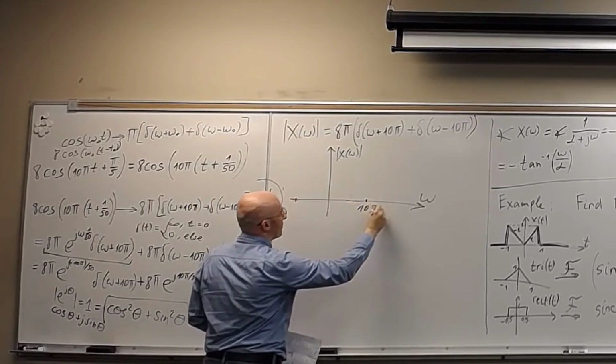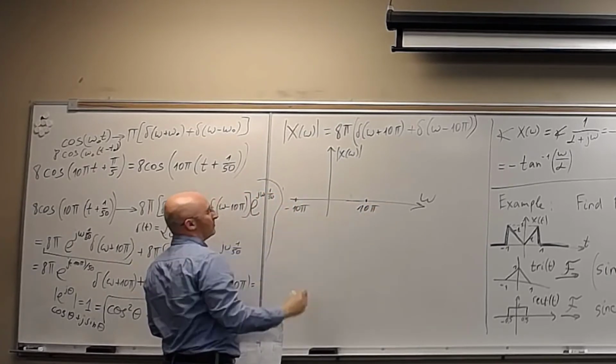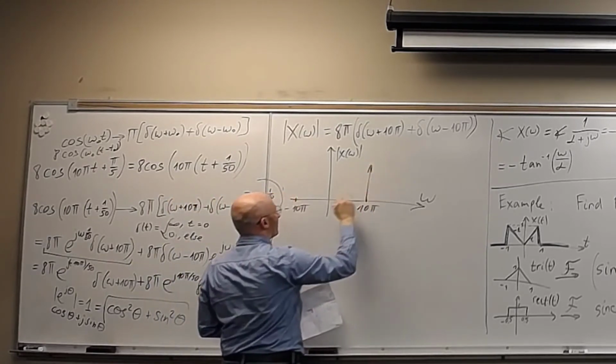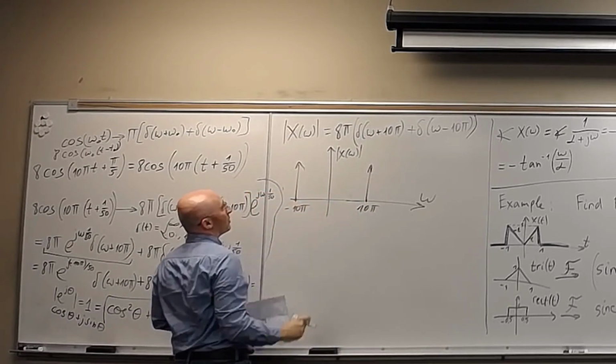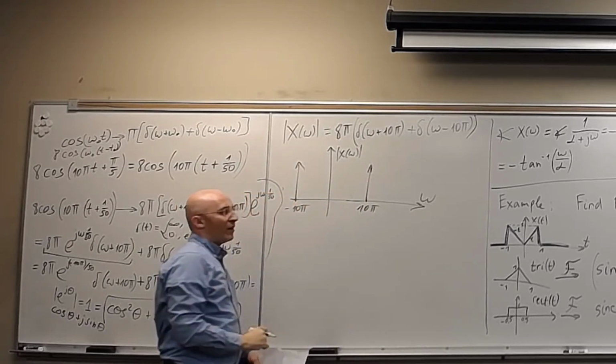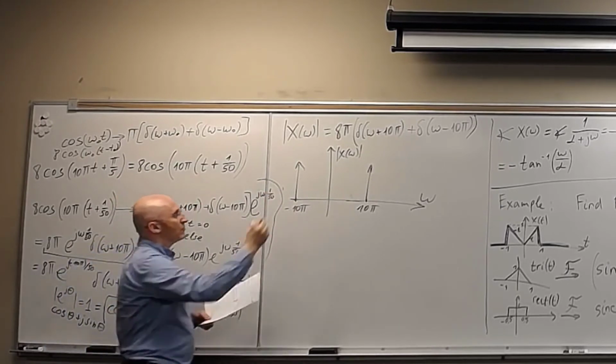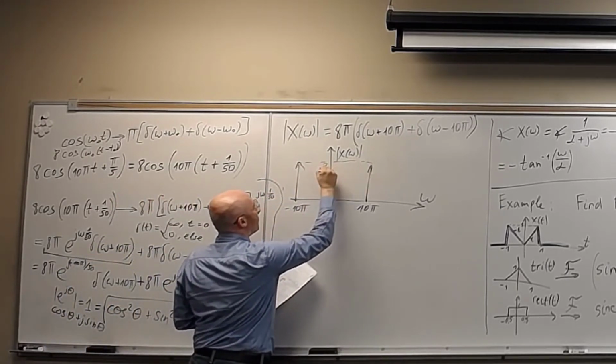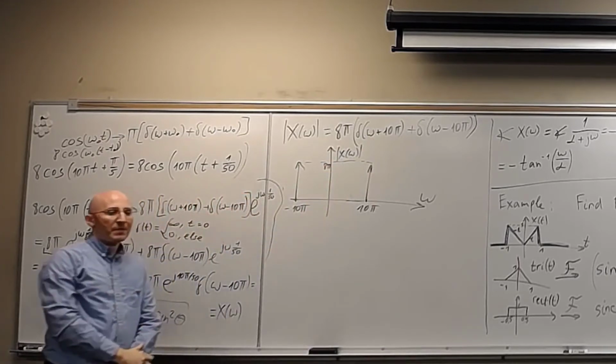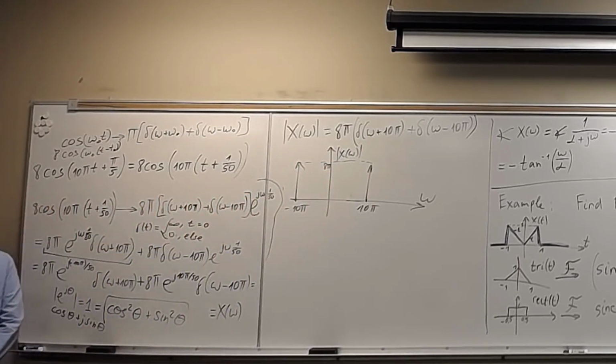So this is 10 pi, this is minus 10 pi, and you'll have two deltas here. One goes up, the second one the same height. The height that you are drawing is the coefficient of delta and not the real value of the delta, because the real value is infinity. It's 8 pi times going to infinity. Okay? So this is your amplitude spectrum.